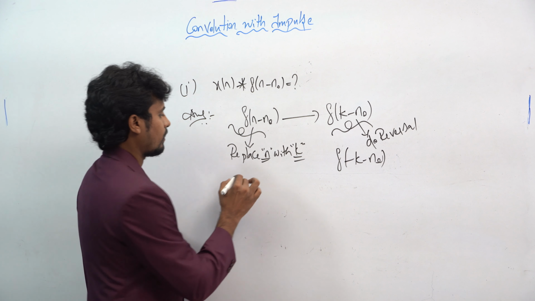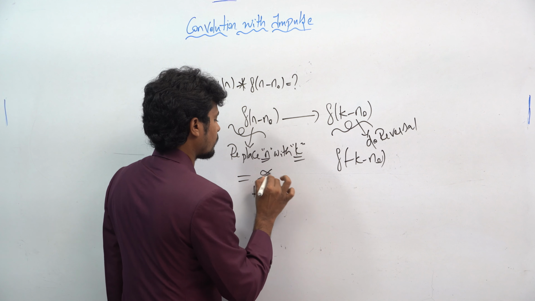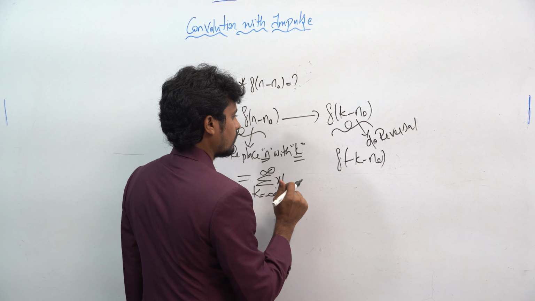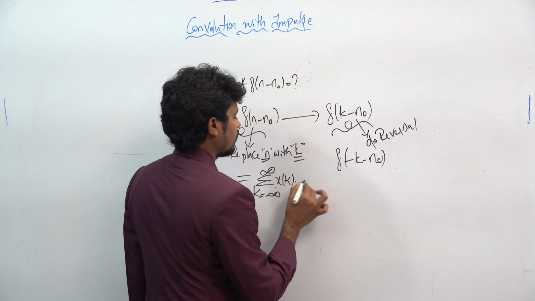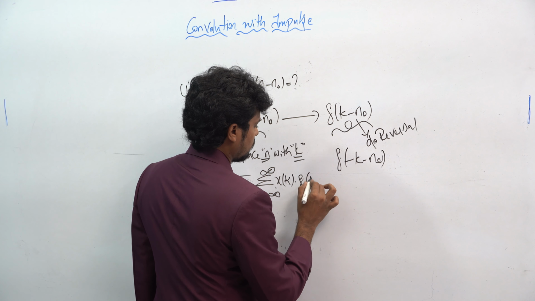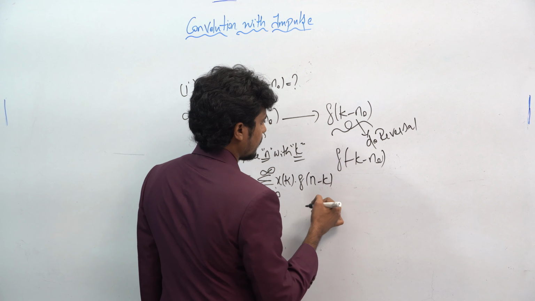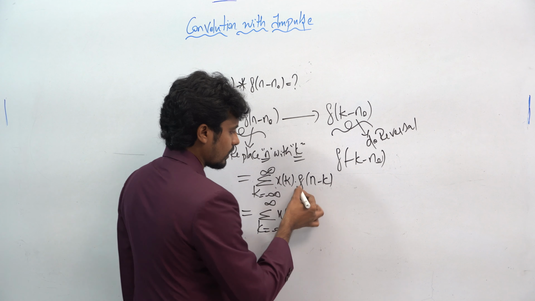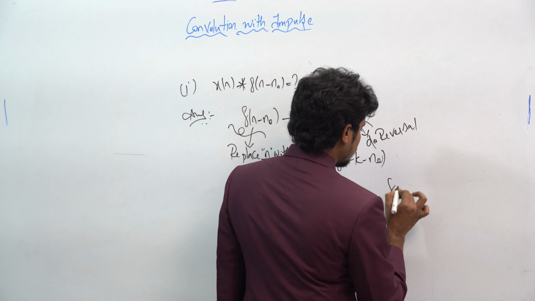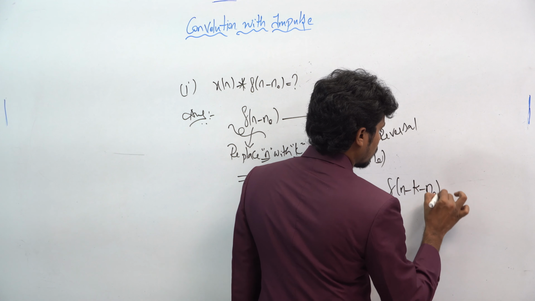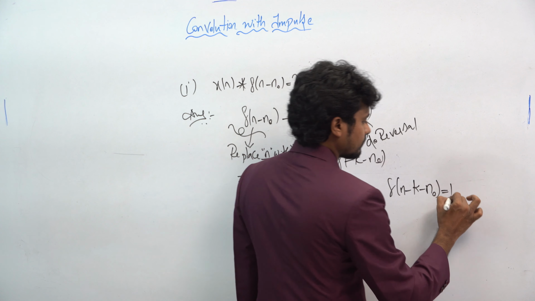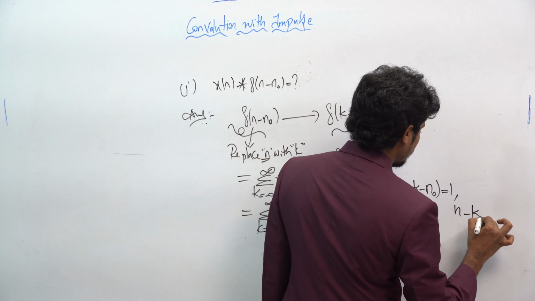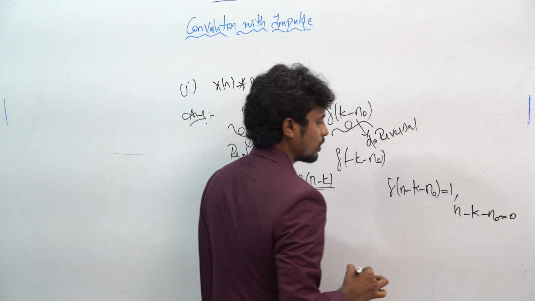Now substitute in our formula. That will be the summation of k equal to minus infinity to infinity of x of k into del of n minus k minus n naught. Here del of n minus k minus n naught is equal to 1 when n minus k minus n naught is equal to 0.